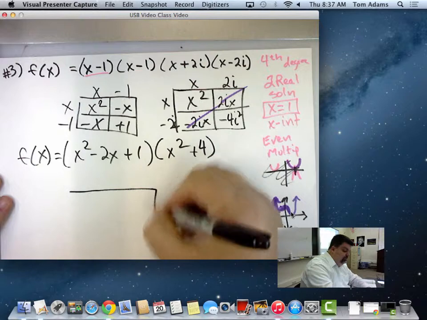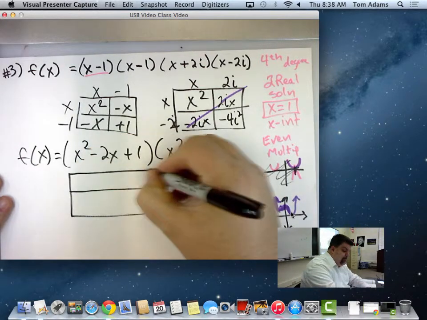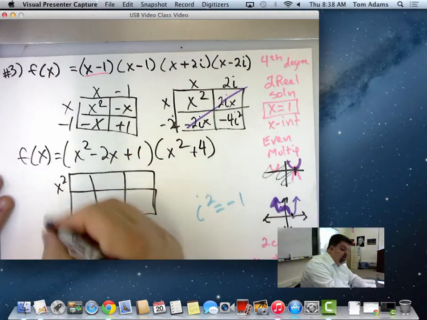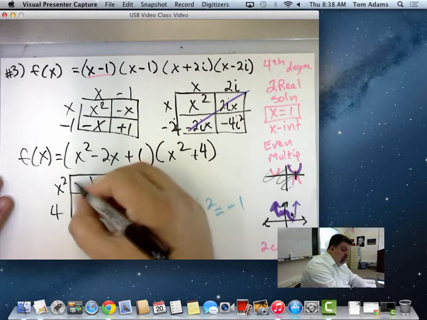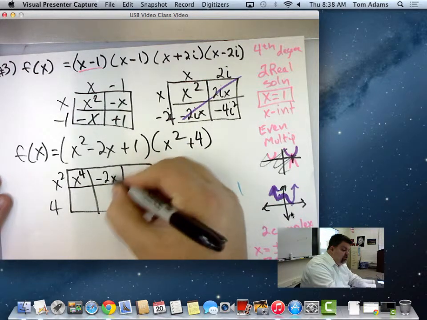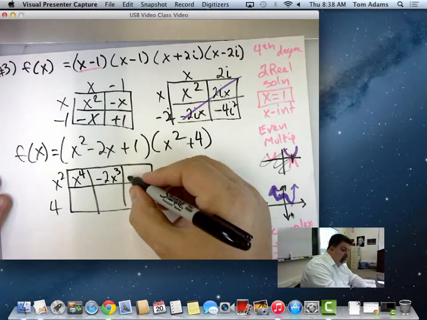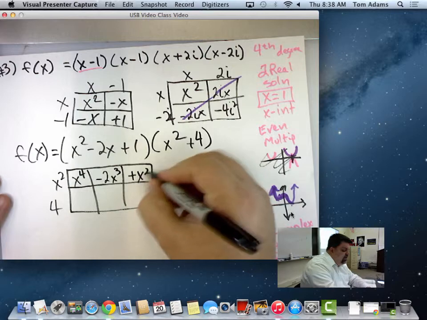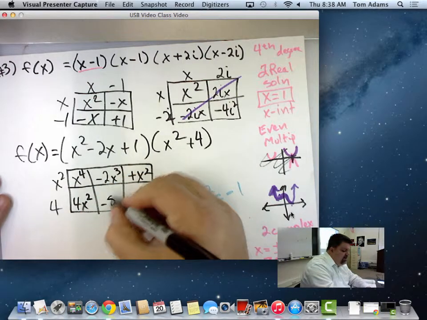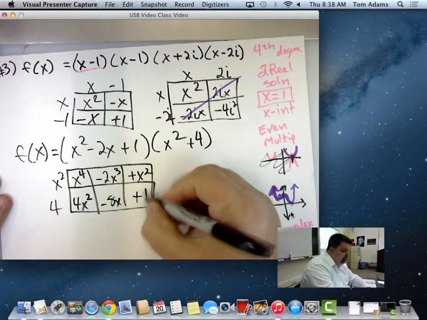Multiply those two. x squared plus 4 times all this stuff. So I've got x to the 4th minus 2x cubed plus x squared, plus 4x squared minus 8x plus 4.